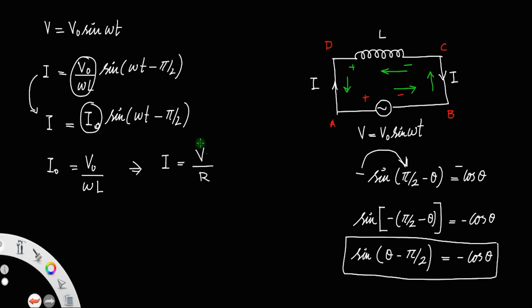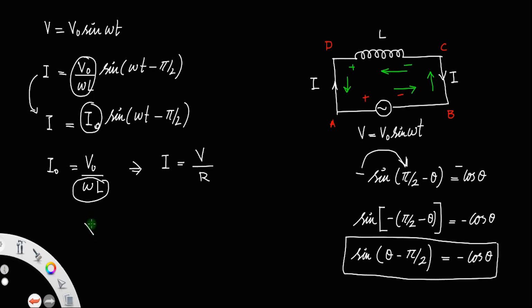When you compare Ohm's law with this equation, here instead of R we have omega L. But it is not a resistor, it is an inductor. So omega L is basically the resistance offered by the inductor to the flow of AC, similar to the resistance offered by a resistor to the flow of direct current.